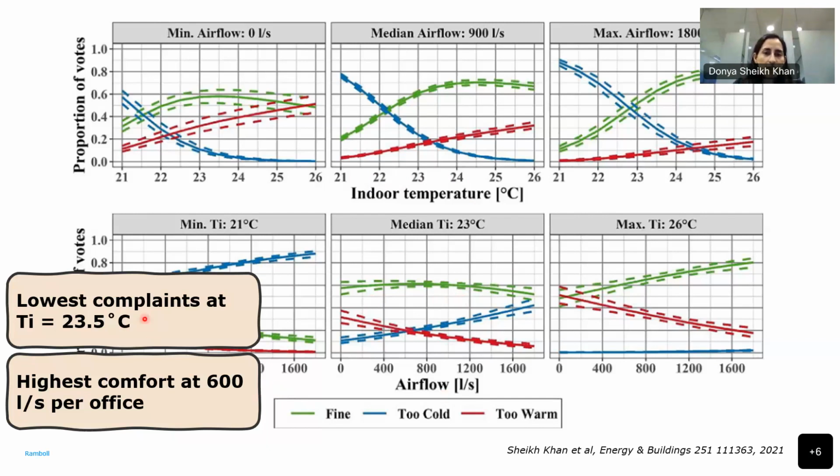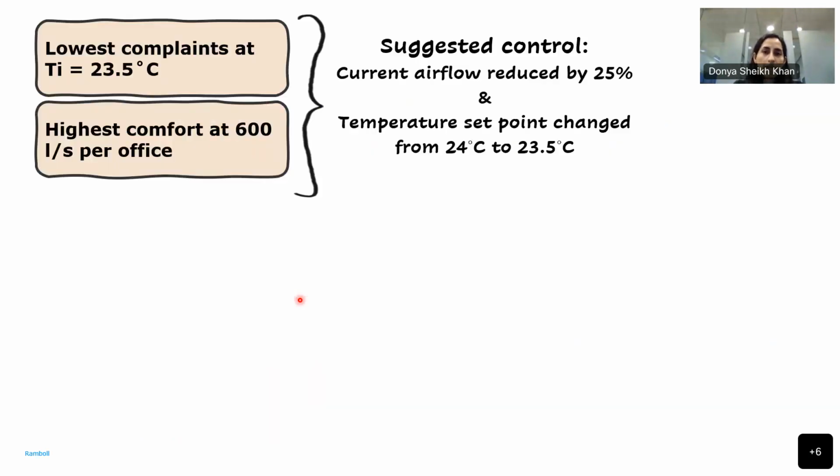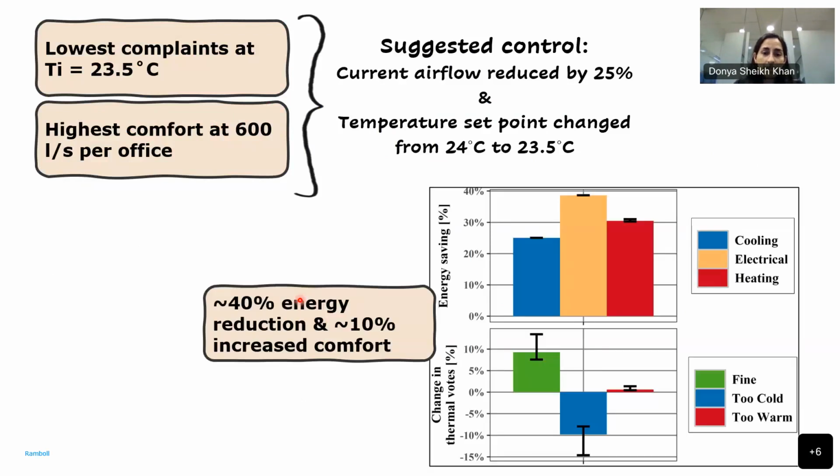And this information provided us with some new set points, which we could use instead of the ones provided in the building. So this information helped us reduce the airflow and the temperature level, and based on a data model of the office space, we calculated that we could actually achieve 40% energy reduction and 10% increase in comfort by using this information based on the occupants' feedback.